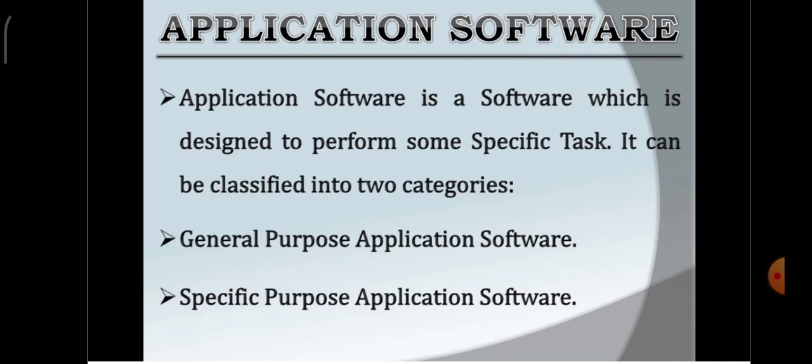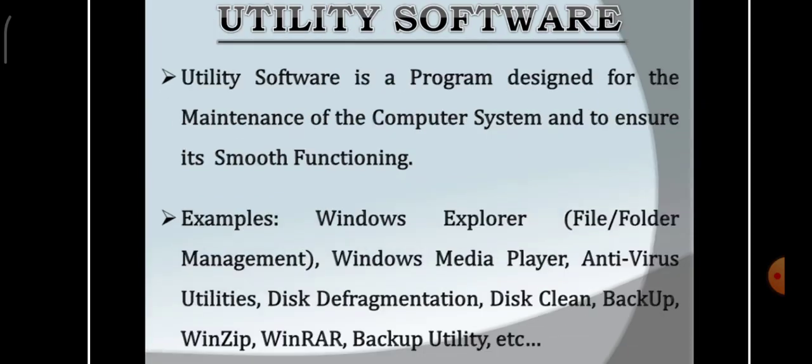There is some application software which is used to do only accounts. For example, Tally software. Tally is an example of specific purpose application software, which will be only doing the accounts part.